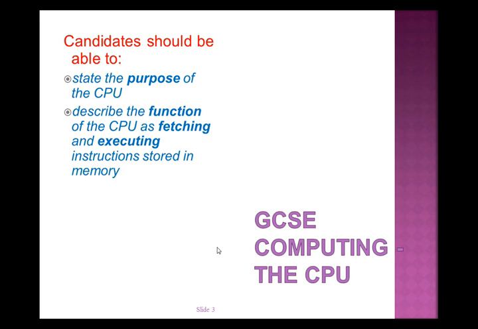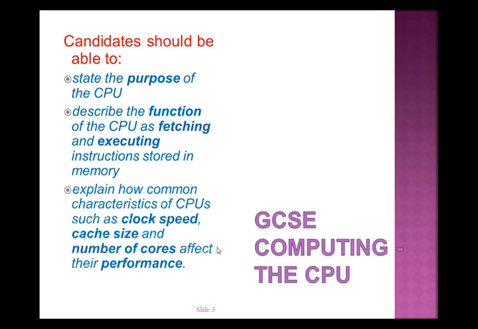Then describe the function of the CPU as fetching and executing instructions stored in the memory. That is the main functionality of the CPU. Then explain how common characteristics of the CPU such as clock speed, cache size and number of cores affect their performance.